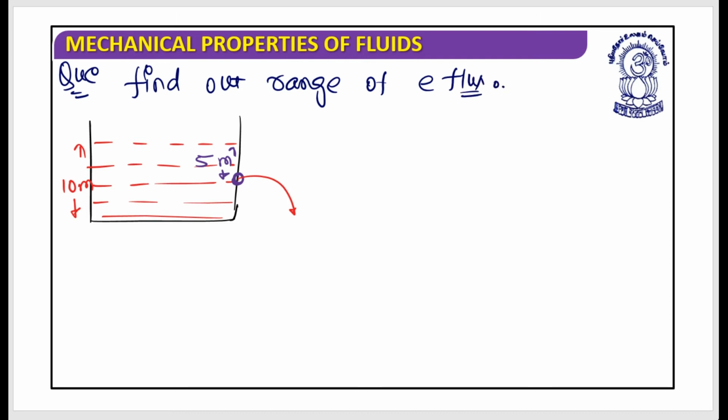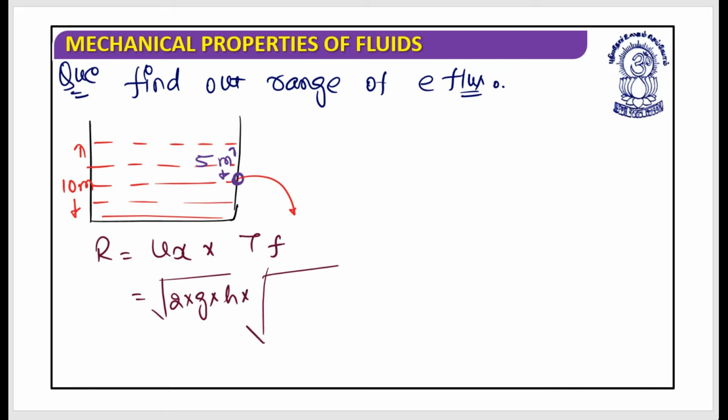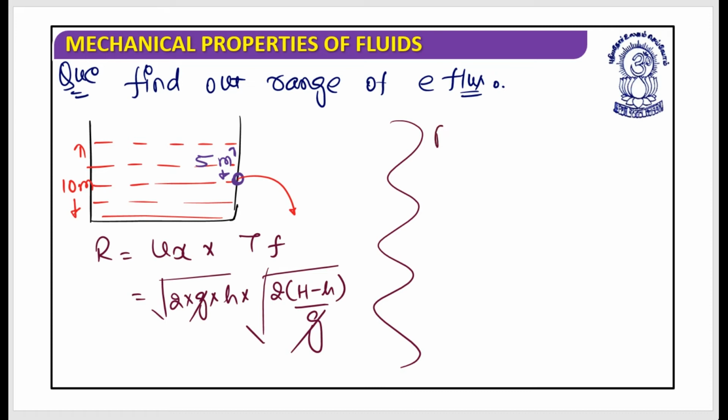To find out the range, what I need is the horizontal direction velocity multiplied by the time of flight. Horizontal direction velocity is root of 2gh, multiplied by time of flight, which is root of 2 into bracket H minus h by g. This is the range. So this g is gone, and the range would be 2 into bracket root of h into bracket H minus h.